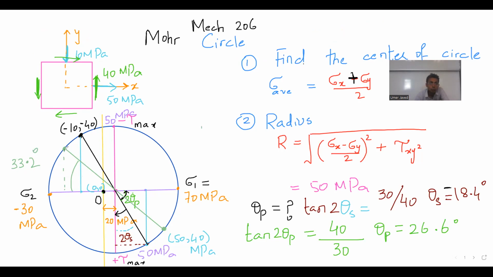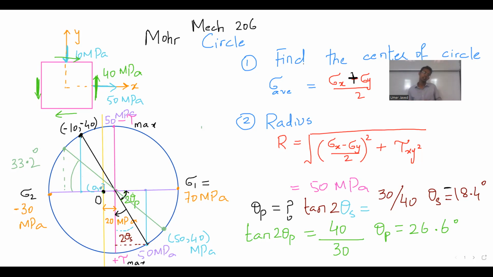Tan theta equals perpendicular over base. Next time we will do it, but let me think about it. This is perpendicular. How can we find the stresses? We can also use sine and cosine because we know the radius is 50.